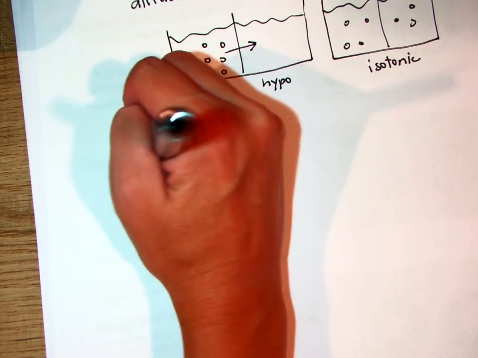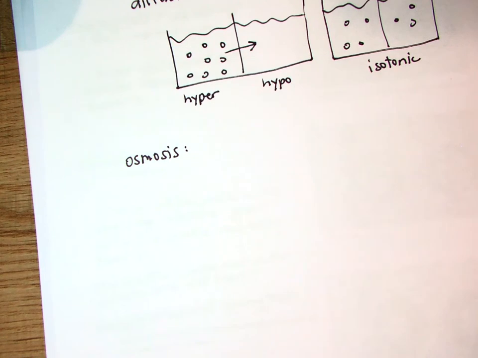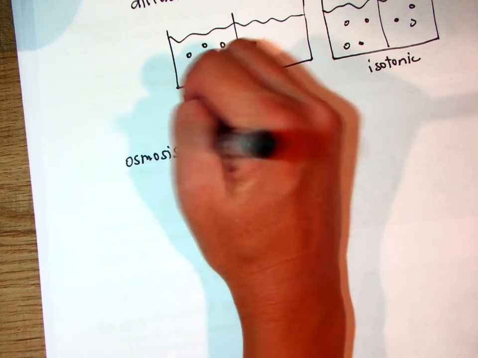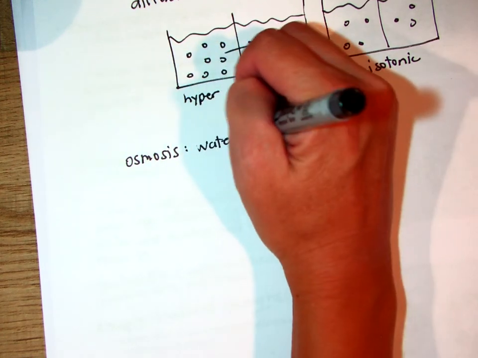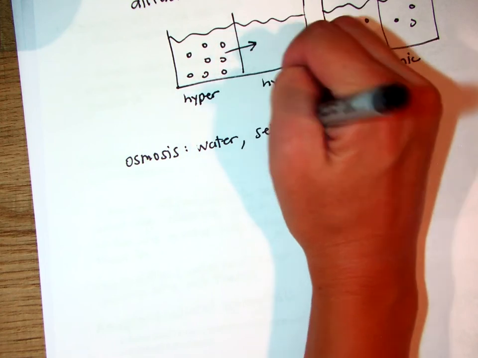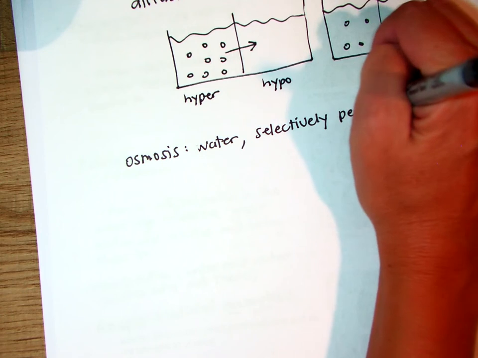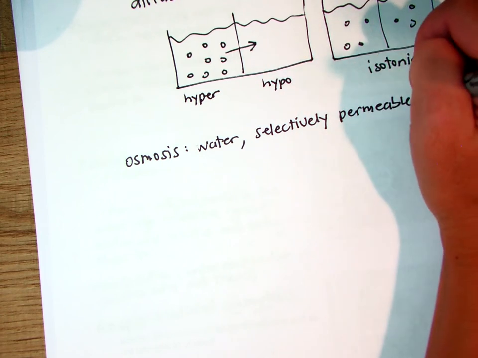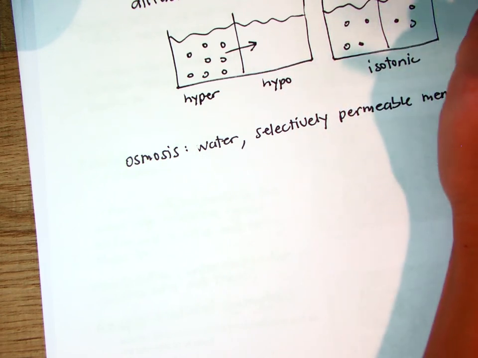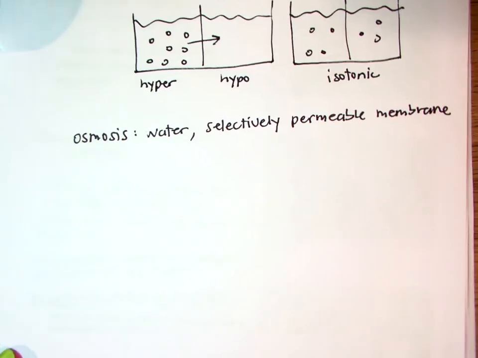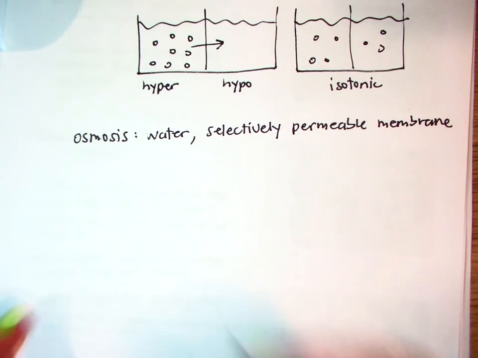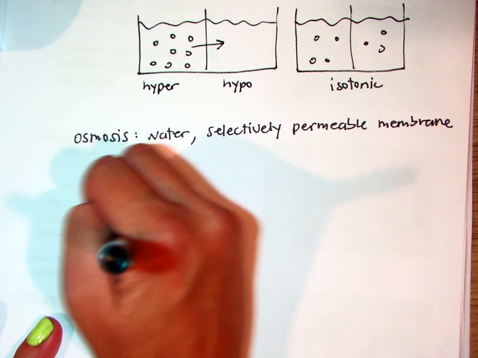Osmosis is specifically the diffusion of water across a selectively permeable membrane, so it's going to let certain things in and not let others in. So let's see if I can not make this confusing.